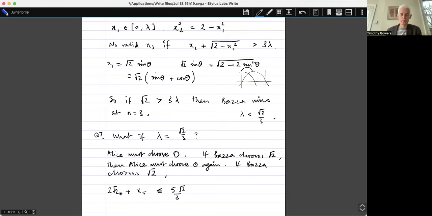Which is looking problematic, because 2 root 2 is 6 root 2 over 3. So that's already bigger than 5 root 2 over 3.